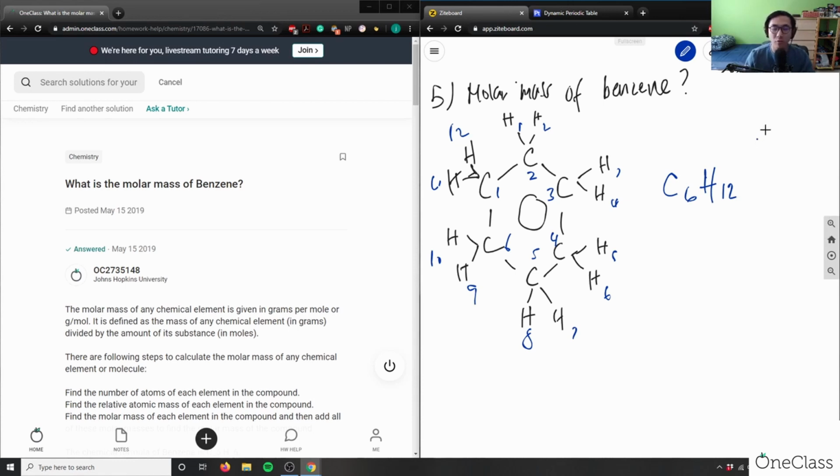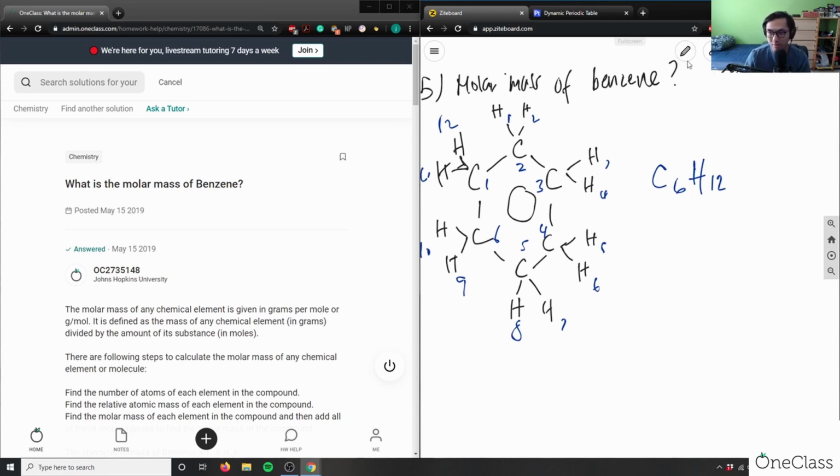This is our chemical formula for benzene, and then all we have to do to figure out the mass of benzene is simply look at our periodic table, right? So the molar mass of benzene equals the molar mass of our 6 carbons plus the molar mass of H12.